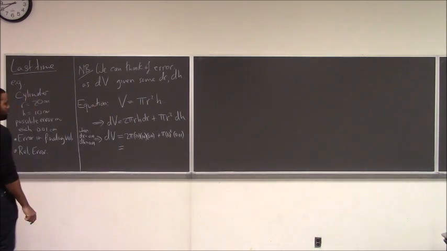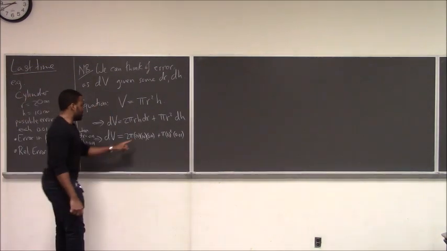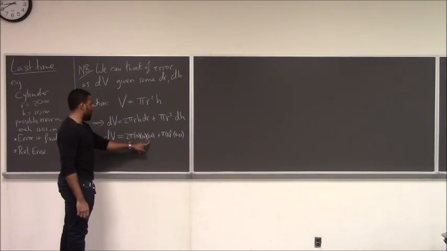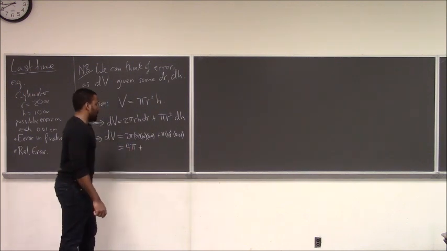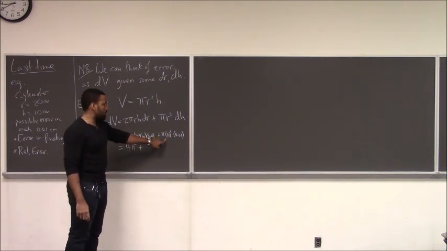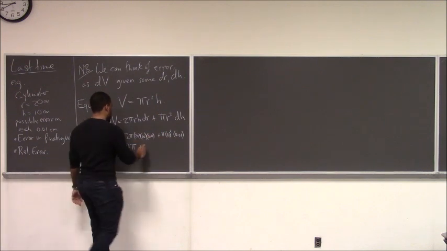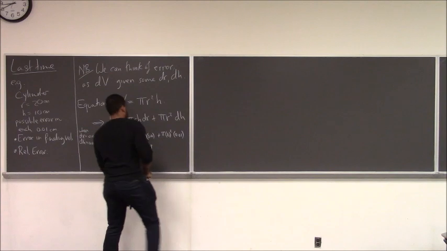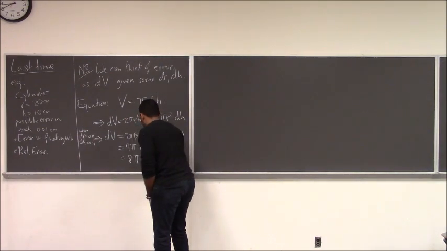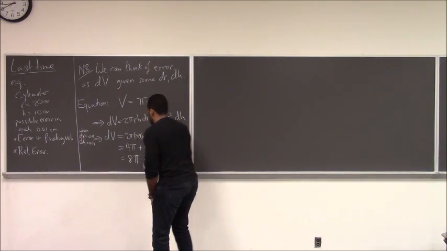And then we simply compute. So this is going to be 200 divided by 100, so that's just 2. And so we have 4 pi here. And this is going to be 400 divided by 100, so that's just 4 pi here. So you get 8 pi, and it's a volume, so this would be in cubic centimeters.